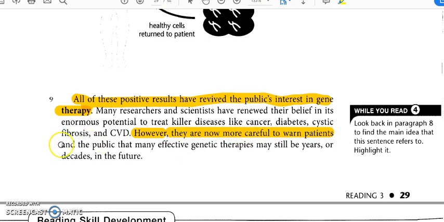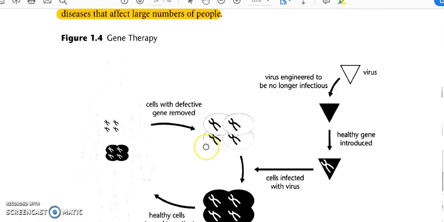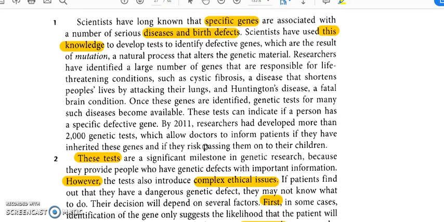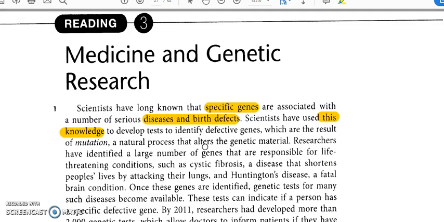So even though there are positive and good results, we have to be careful because many of the effective gene therapies are still a long way off. So by working this way, we can use our connectors and our knowledge about the way the information is organized in the text to identify our main ideas.